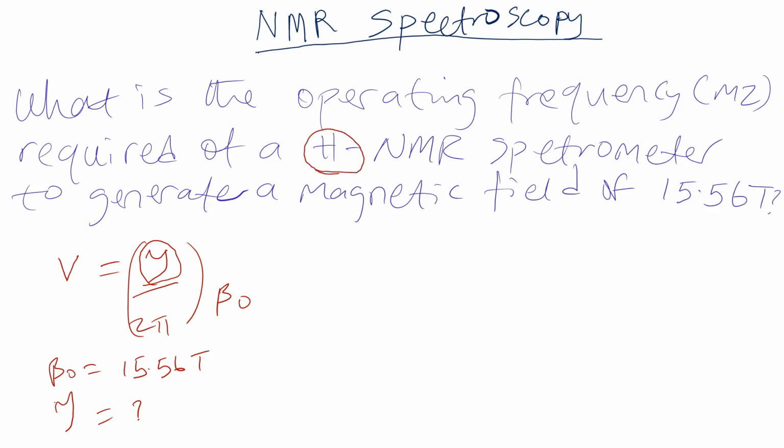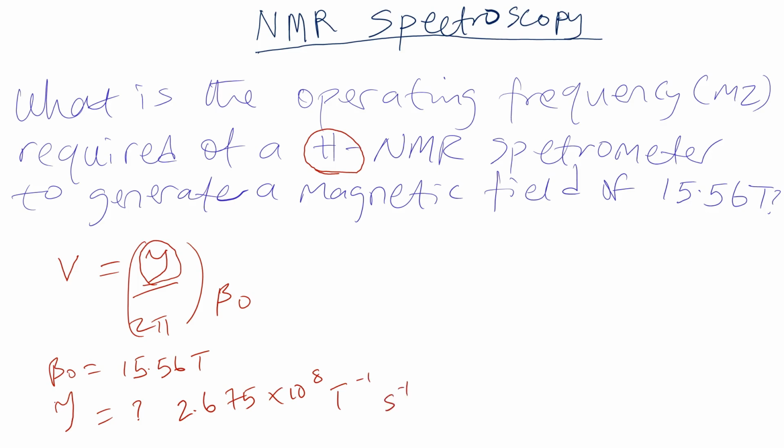That is a proton NMR. And the value for the gyromagnetic ratio of proton NMR is 2.675 times 10 to the power 8 per Tesla per second.